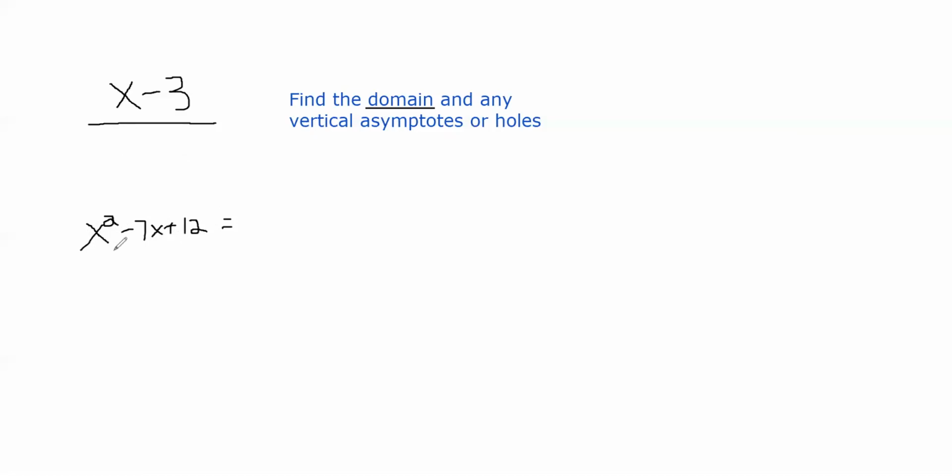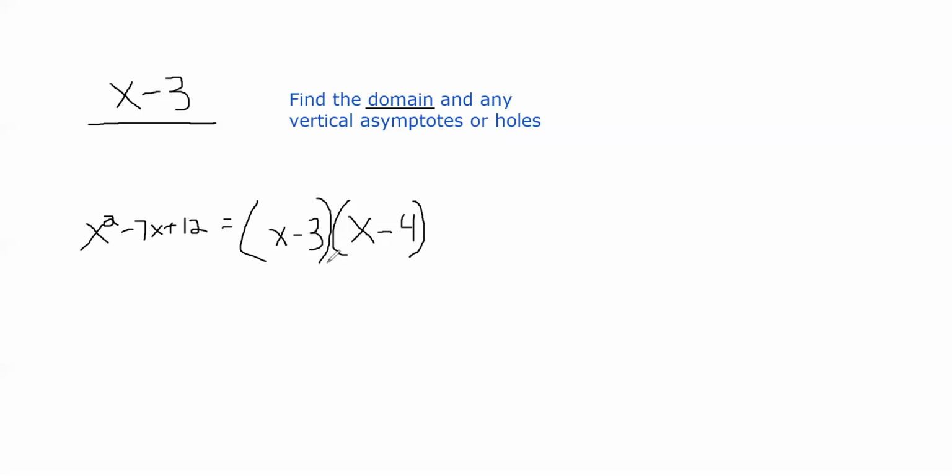And it's clear pretty quickly that it's going to be negative 3 and negative 4. Those two will get the job done. So it's going to factor as x minus 3 times x minus 4.